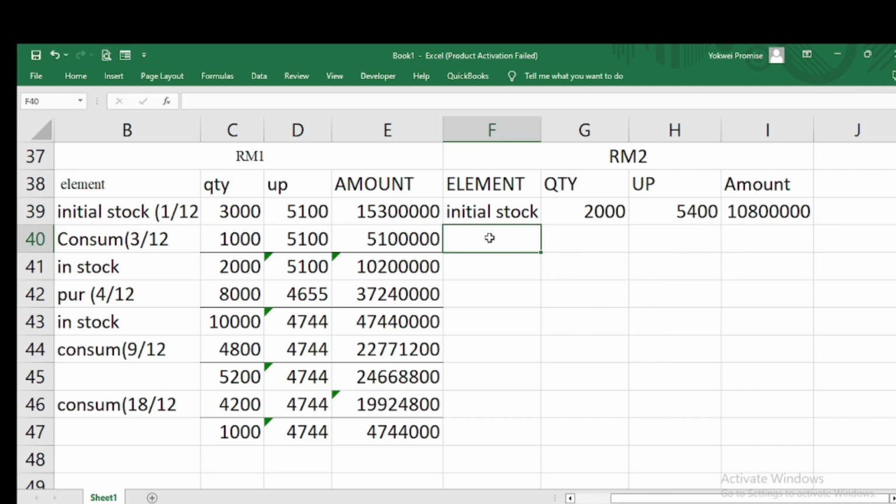The next was purchases, which took place on the 8th. What do you need? 10,000.